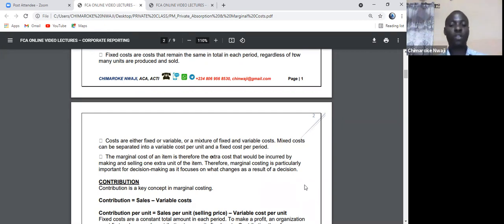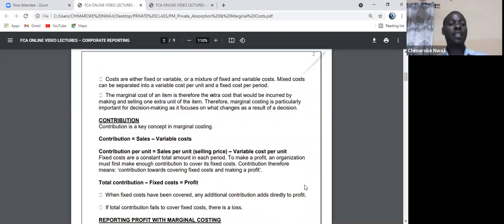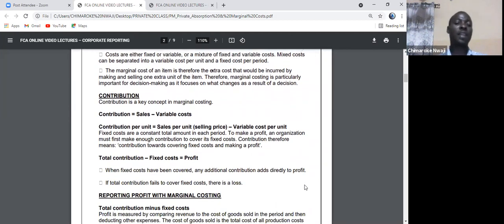Now, since we know the queen of marginal costing, who then is the king? Who is the king of marginal costing? Now, let's introduce to you the king of marginal costing, contribution. Contribution is the key concept in marginal costing.